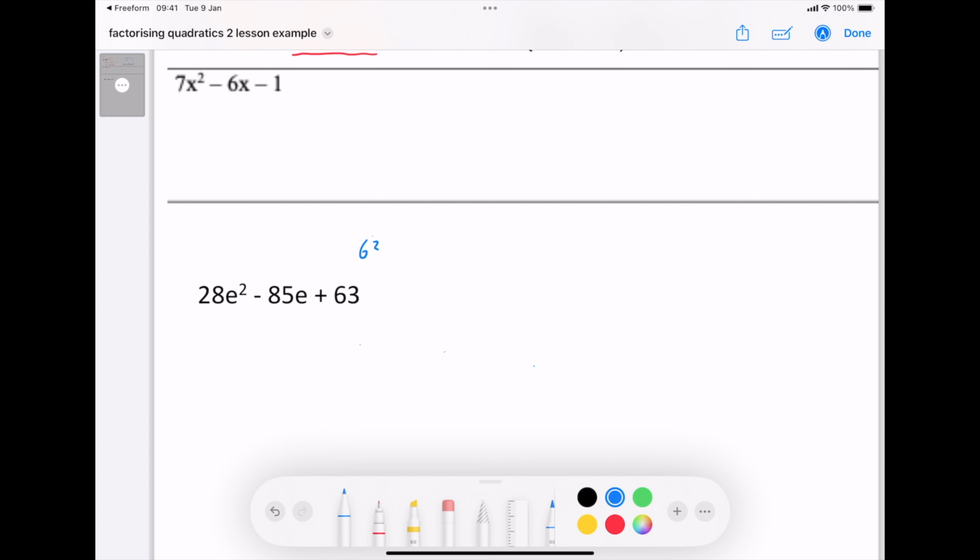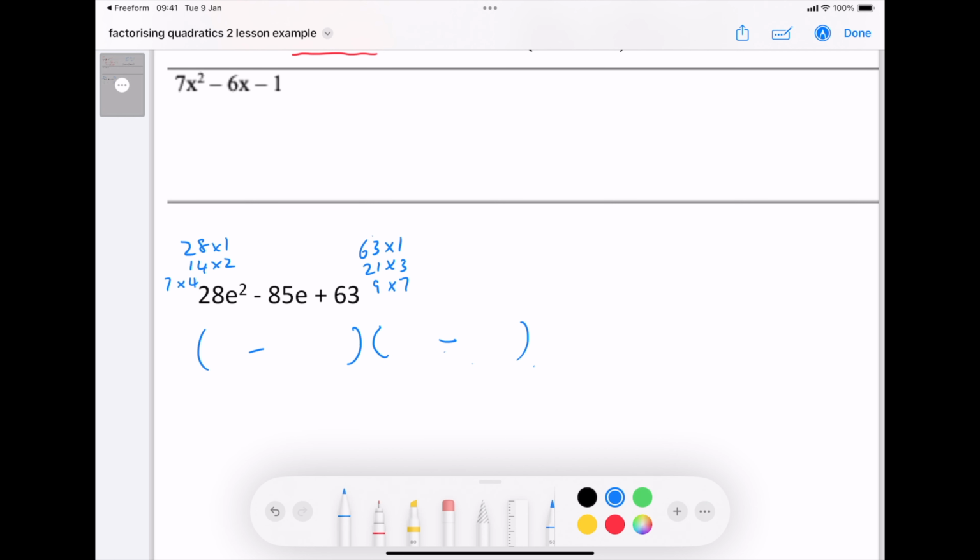So we have 63 times 1, 21 times 3, and then 9 times 7. And one thing from the previous video is that when the sign is plus, both of the signs go into the double brackets as minus and minus, because a minus times a minus makes a plus.